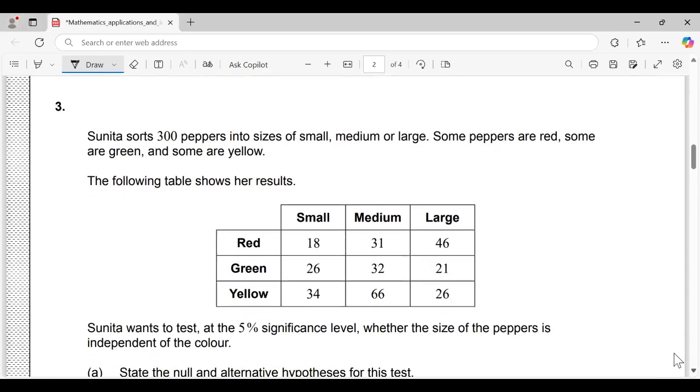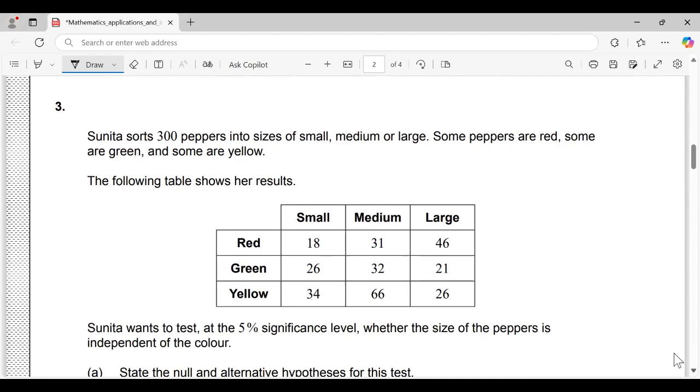Number 3, Sunita sorts papers into sizes of small, medium, or large. Some papers are red, some are green, and some are yellow. The following table shows her results.